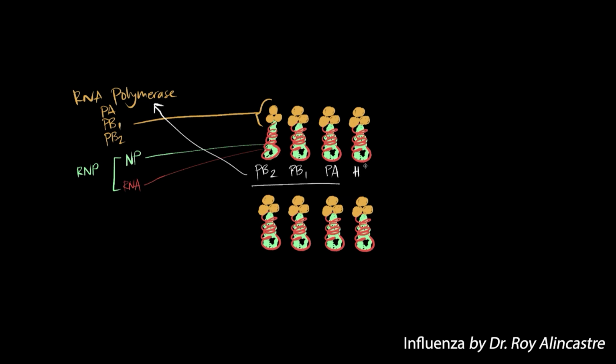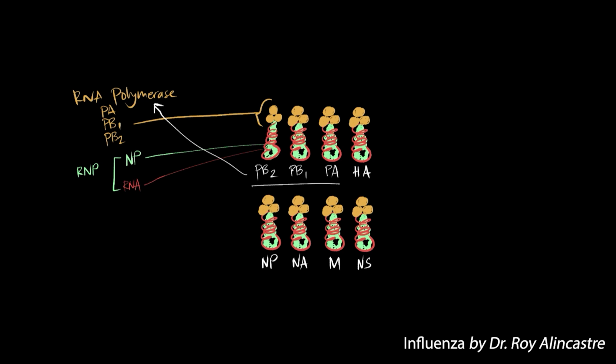Segment 4 codes for hemagglutinin, 5 codes for the nucleoproteins that will associate with the new RNA strands later. Number 6 codes for neuraminidase, 7 codes for the M protein, and number 8 codes for a non-structural protein that functions to inhibit splicing of the negative strands. So, non-structural, let's call it NS.